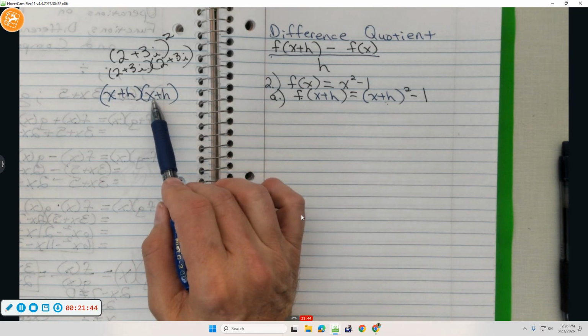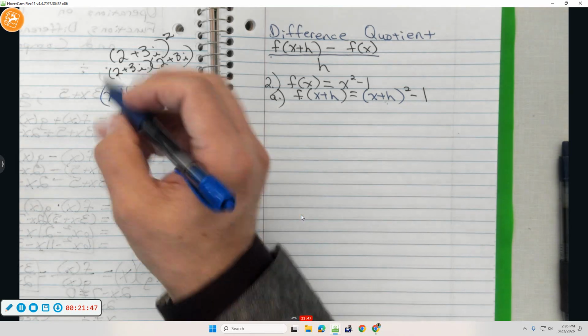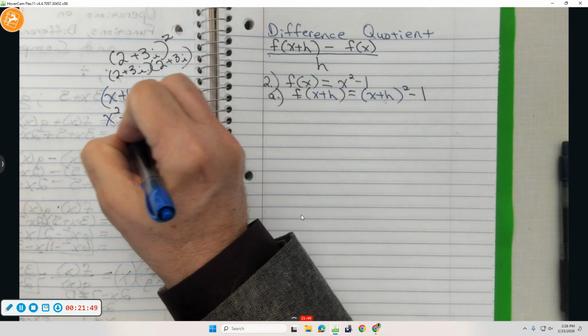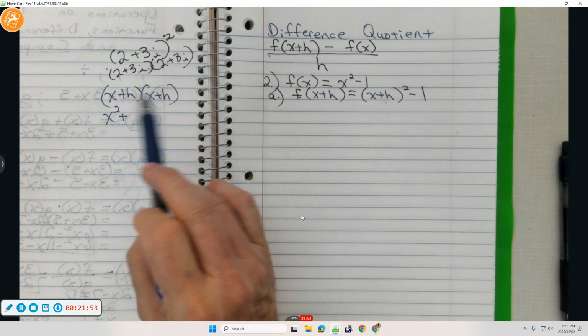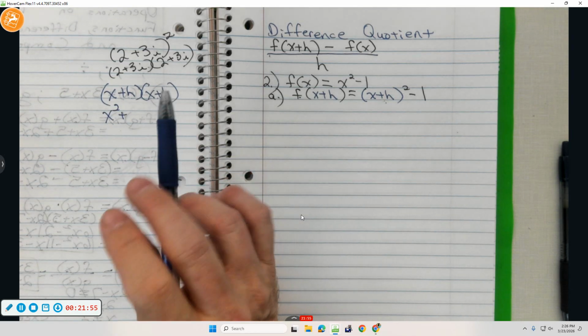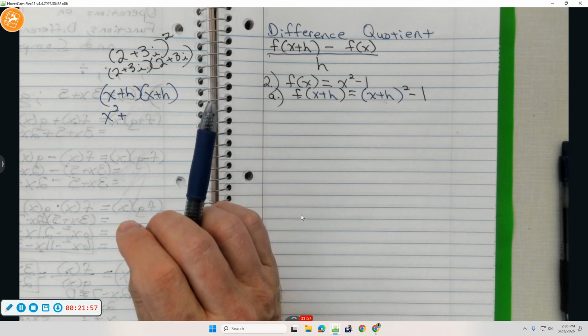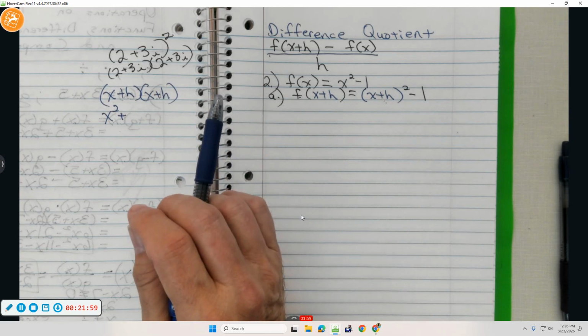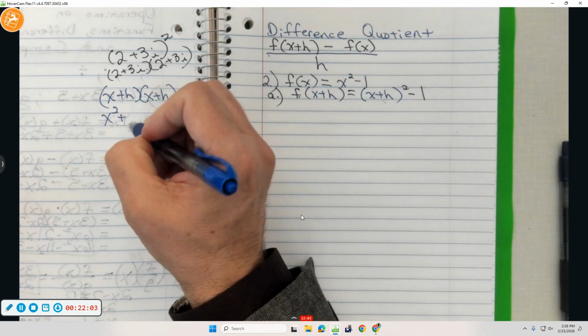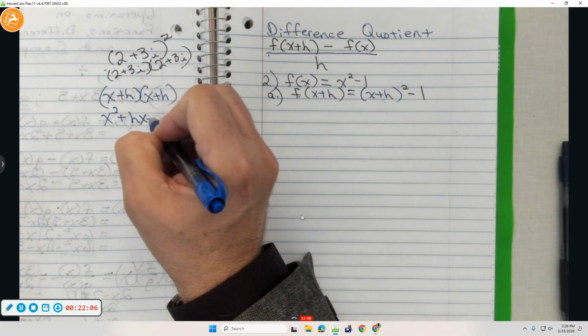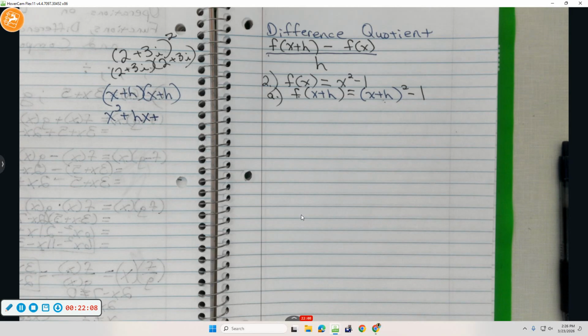I'm squaring x plus h. Write it twice. X times x is x squared plus x times h. Here's what I'm going to do. If you have two different letters in the same term, write those letters in alphabetical order. X times h, I'm going to write it as hx, plus, what's the inner product?